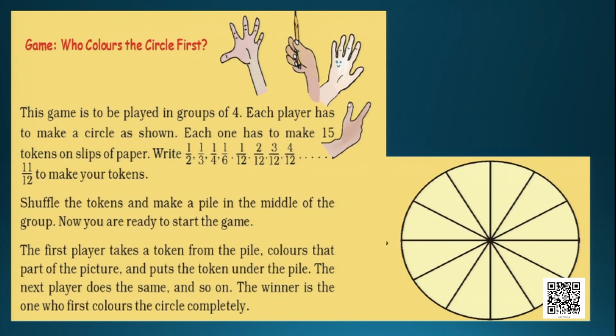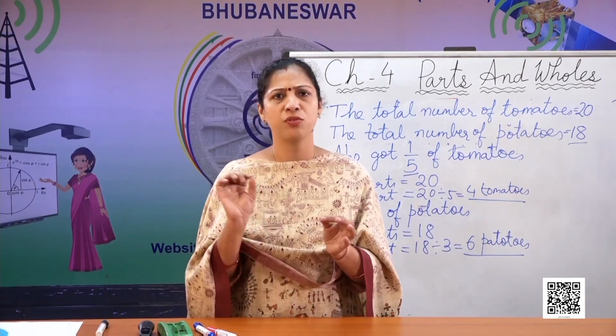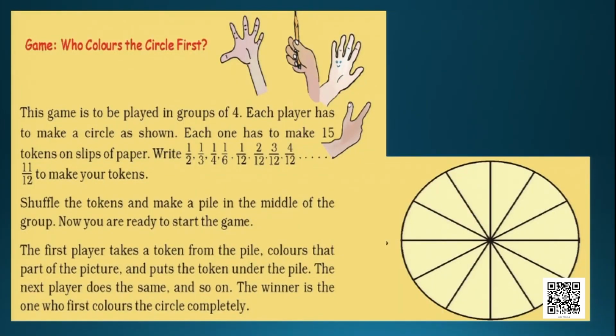You have to divide the circle into 12 equal parts and make a chit out of it. Make a fraction chit, like 1 by 2, 1 by 3, 1 by 4, 1 by 6. Make a chit means write down that fraction on a small piece of paper and keep it in the middle.